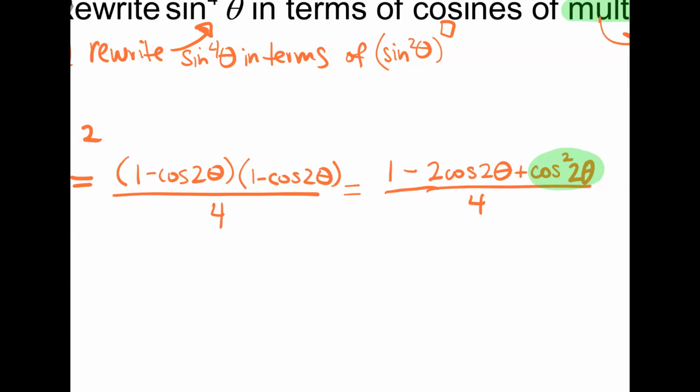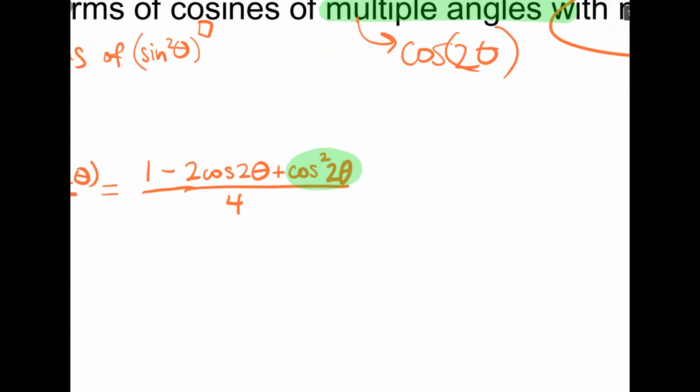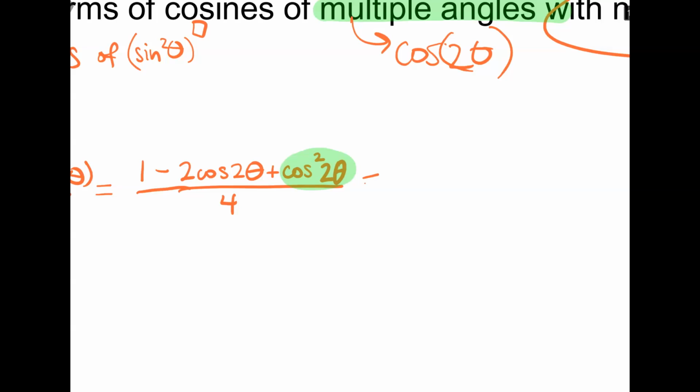So I need to plug in for cosine squared theta. So look at the top of your page. How do we reduce cosine squared theta? So 1 minus 2 cosine. Okay, and I'm going to be plugging in the middle one. 1 plus cosine.